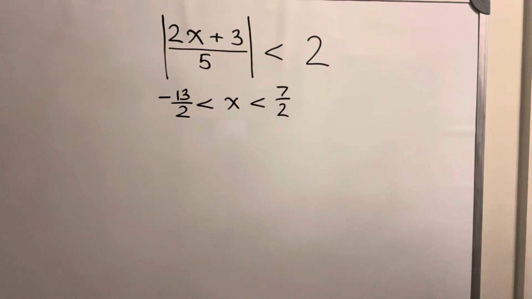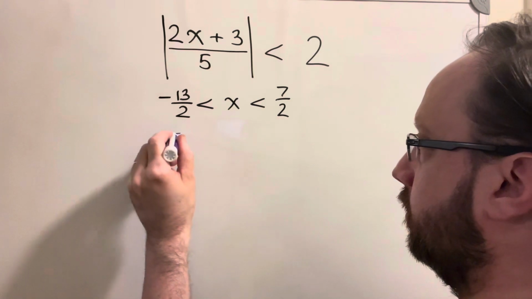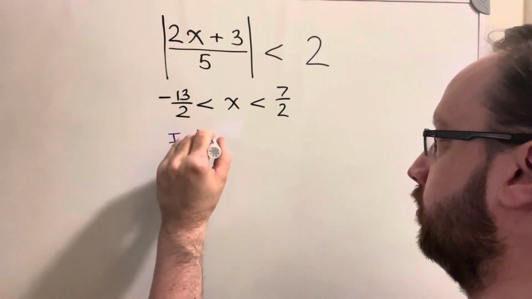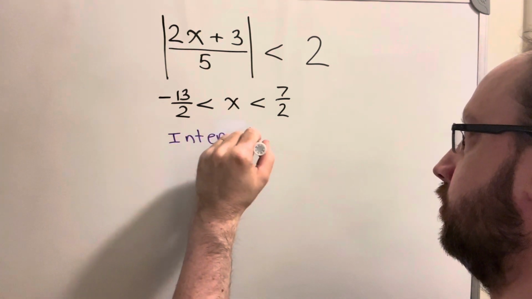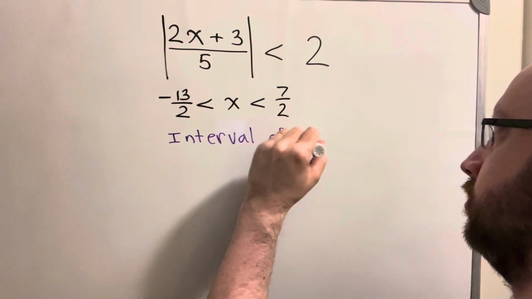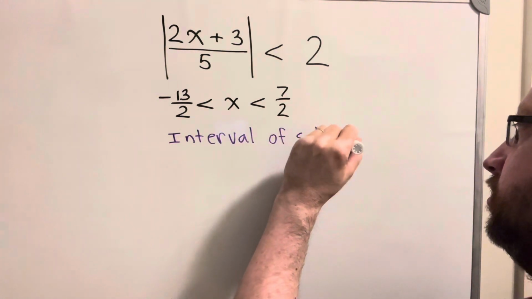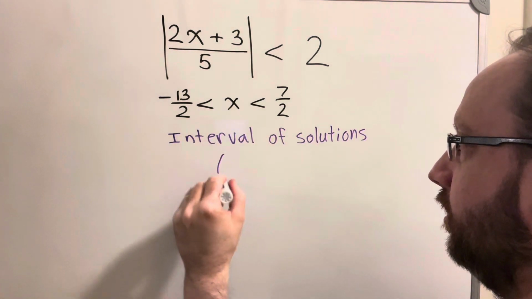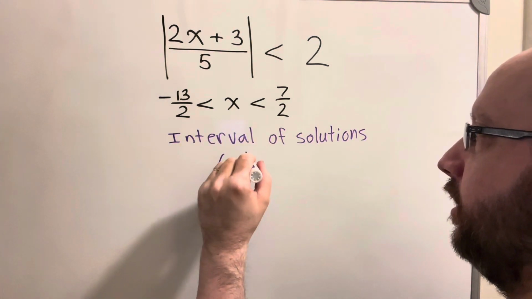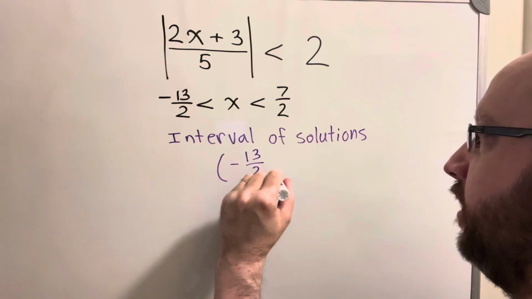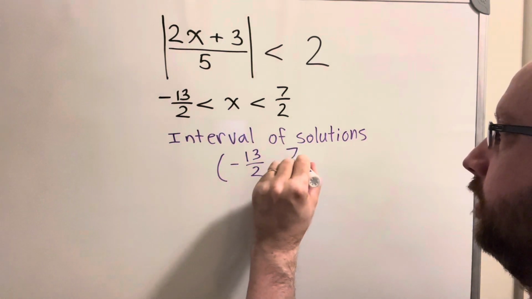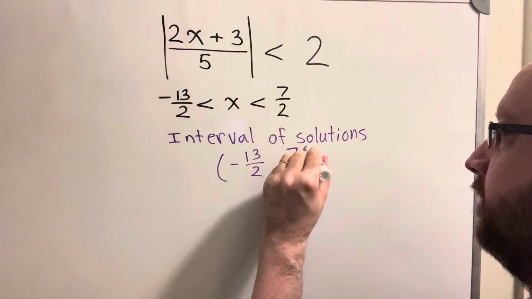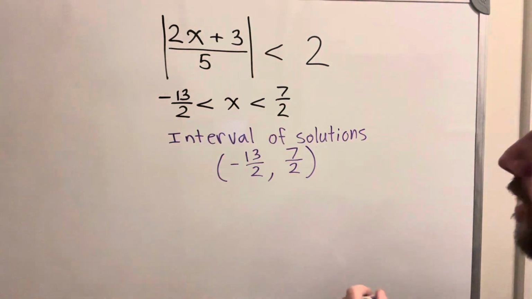So going back to the original problem, the interval of solutions is the open-ended interval between negative 13 halves and 7 halves. This is the answer.